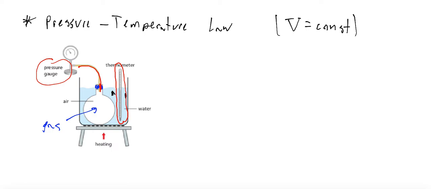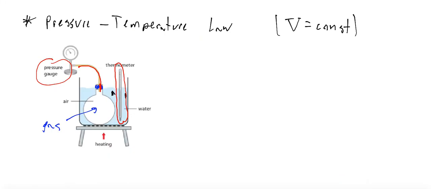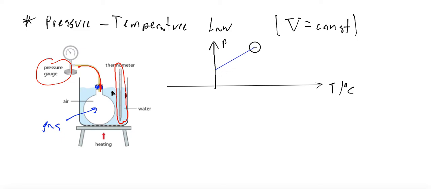Okay, and what is the result? If you plot a graph of how pressure depends on the temperature in degrees Celsius, then you will obtain a straight line, but of course at 0 degrees Celsius the gas has a certain pressure.